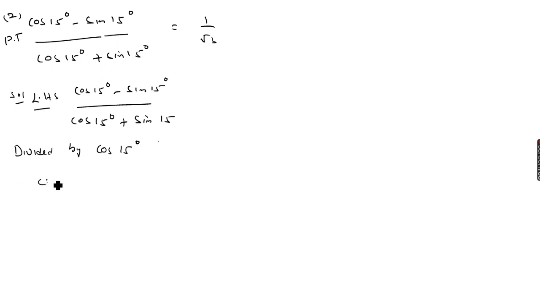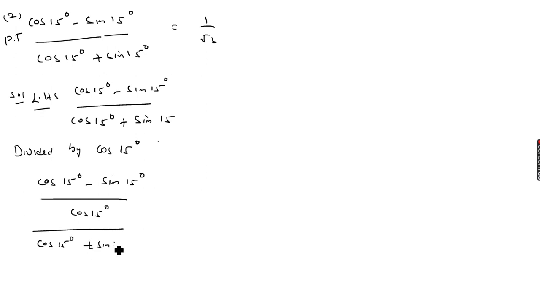So therefore we get cos 15 degrees minus sin 15 degrees by cos 15 degrees, by cos 15 degrees plus sin 15 degrees by cos 15 degrees.